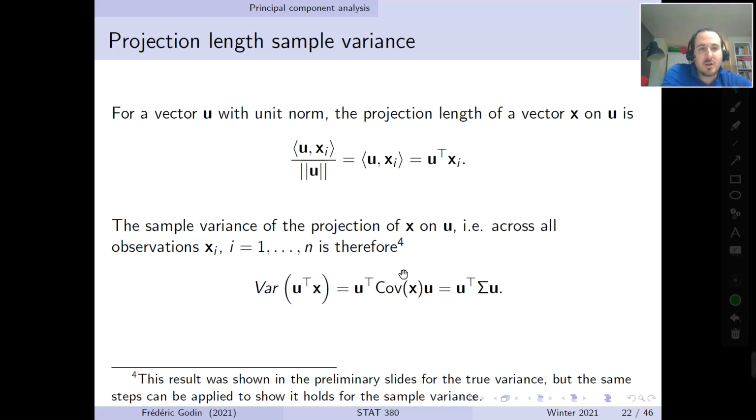In the preliminary slides we used not the sample variance but the true variance, but the same result applies for the sample variance. So here cov of x represents the sample covariance matrix instead of the true covariance matrix, and this is simply u transpose sigma u, where sigma was defined as the sample covariance matrix of x.